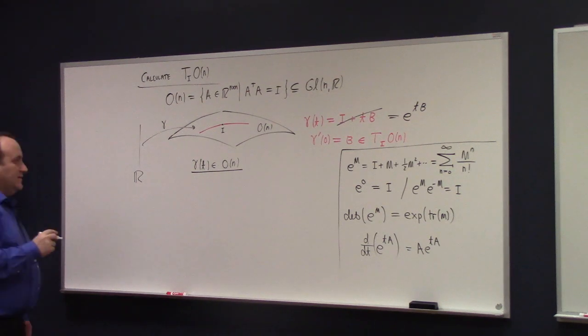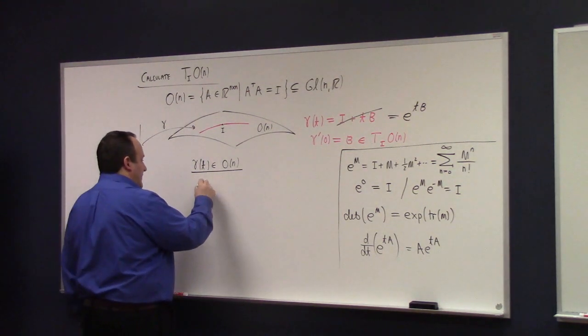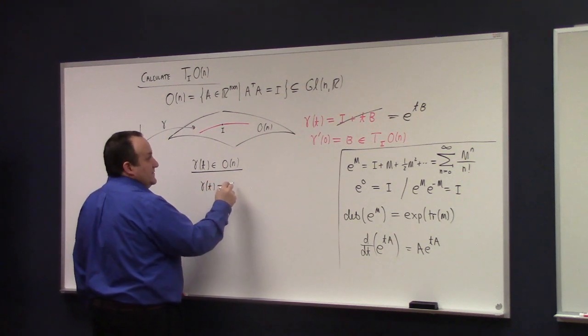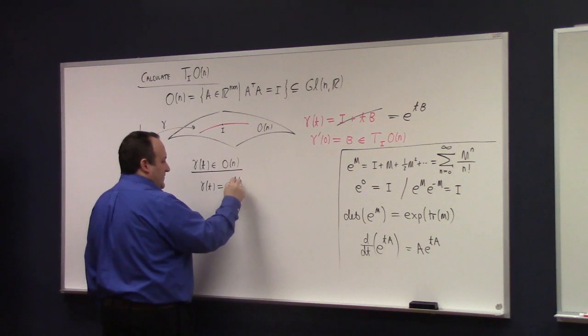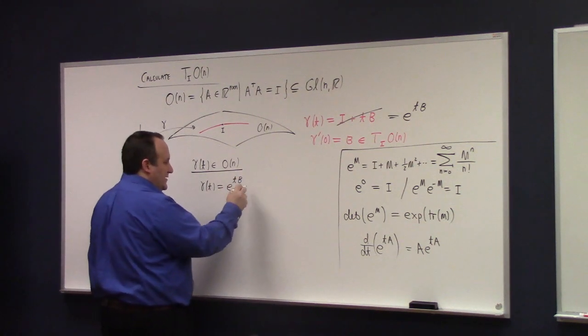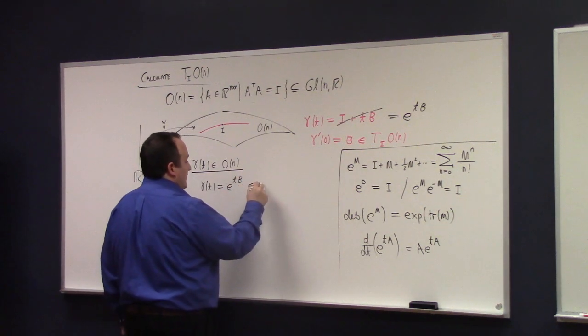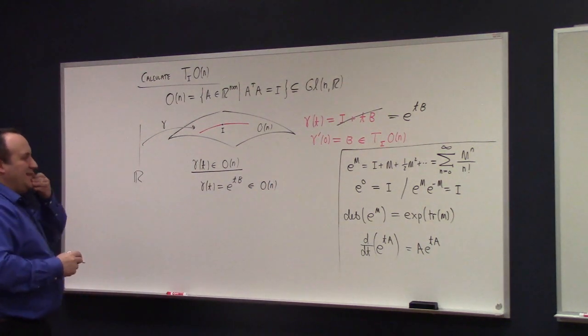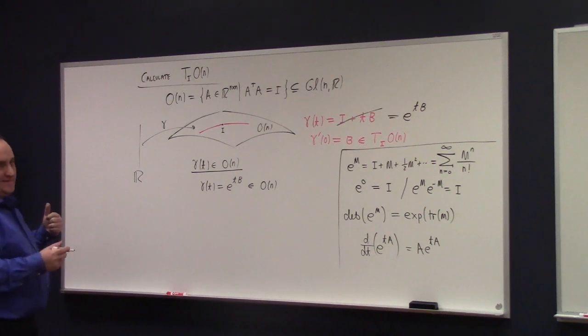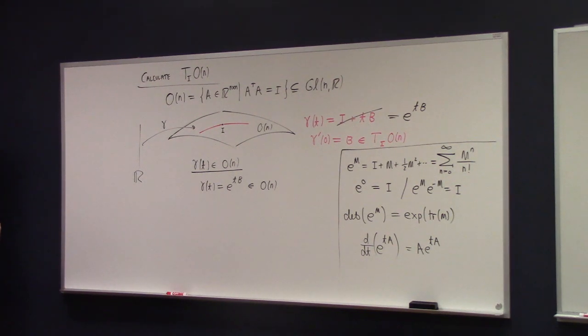But I do believe that if we let gamma of t equal e to the tB, maybe we could make that an element of O(n). See, the thing is, e to the tB has so much more in it than just I plus tB. It's I plus tB plus 1/2 t squared B squared plus dot dot dot.